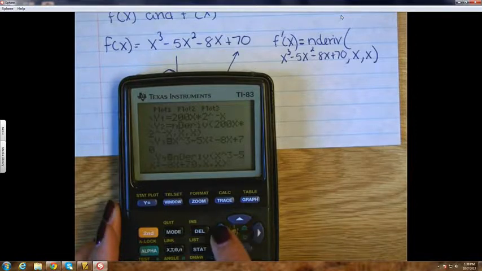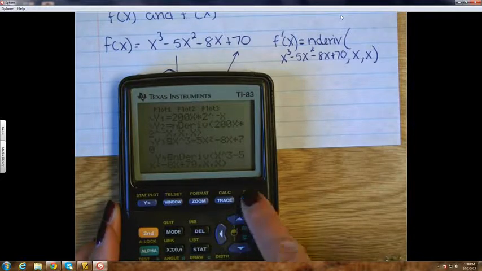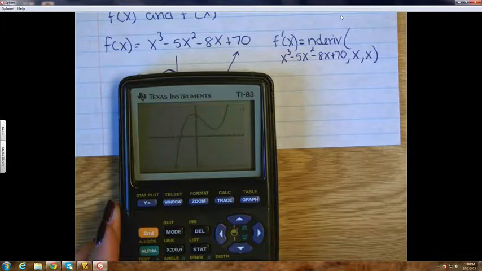And I'm going to make the graph look slightly different by coming over here and making it that fat graph. And it takes time because it's doing all of those calculations, all of those symmetric difference quotients for all of those x values in there.